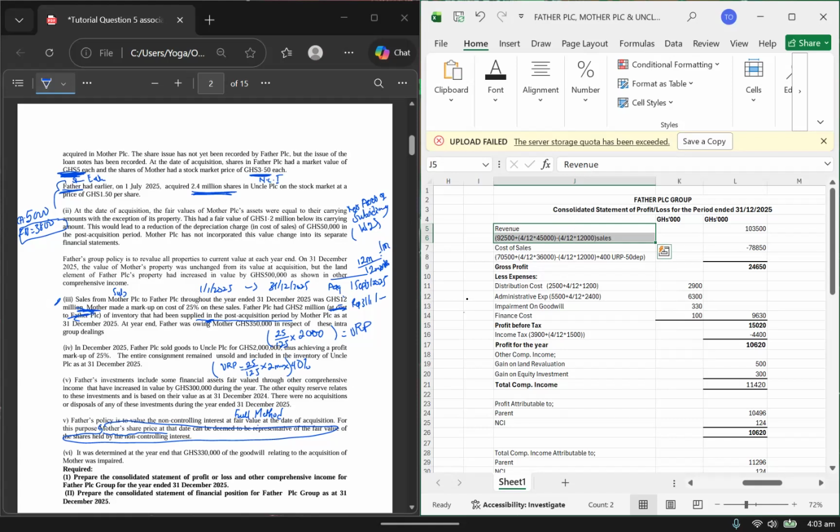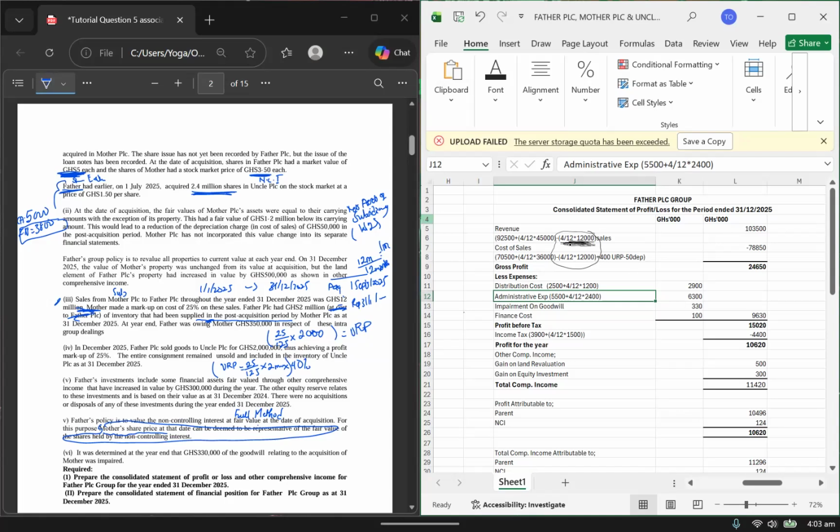We subtracted 4 out of 12. The 4 out of 12 here is because they said there's 12 million of sales for the whole year, and we are looking for the transactions that took place within the post-acquisition period.